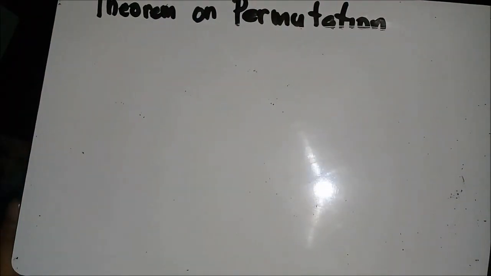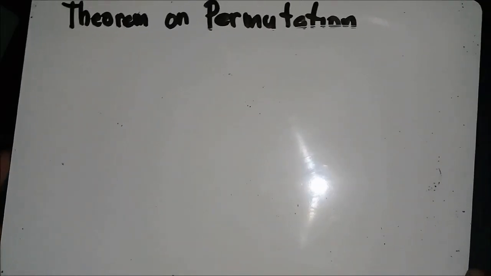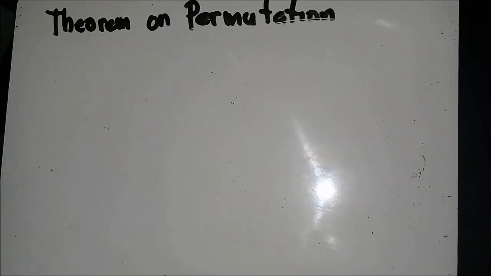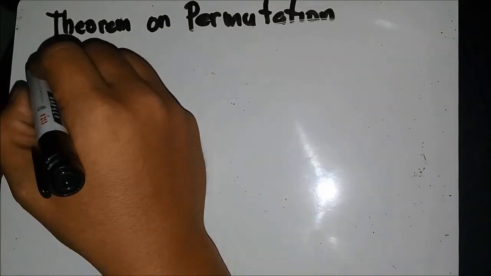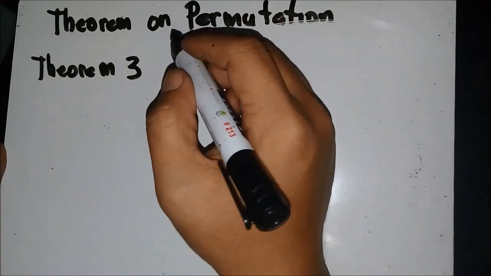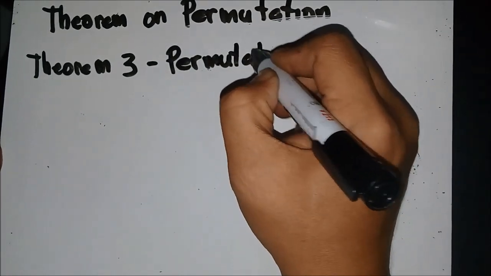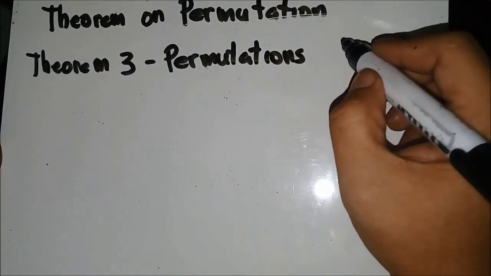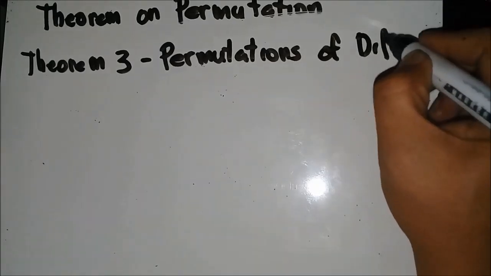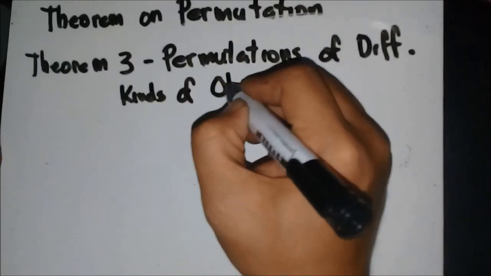And if we have theorem number 3, this is where some complications come along, but it is quite easy if we dig into it further and try to understand it. In theorem number 3, we have permutations of different kinds of objects.